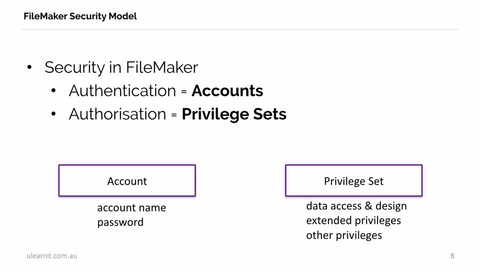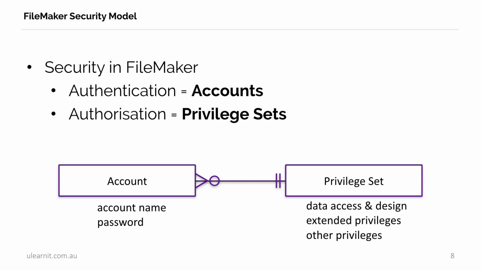If you like to think of these two entities in terms of relational design, you could consider this to be a one-to-many or many-to-one relationship between the two. Every account must be attached to at least one privilege set and only one privilege set.